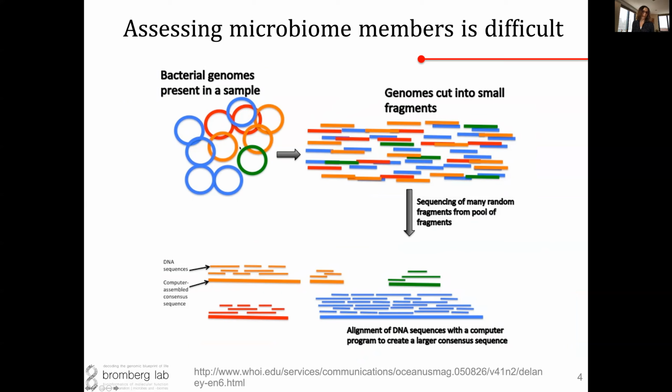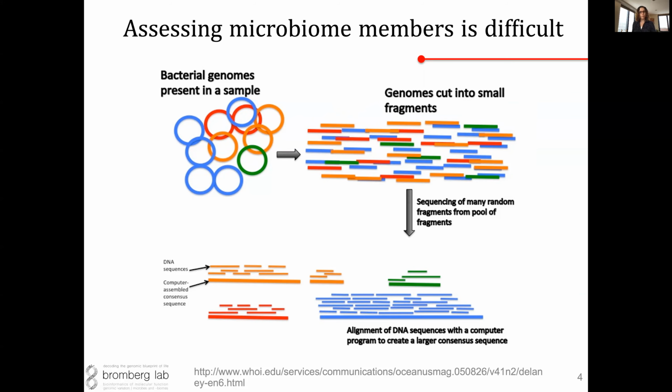But you don't know what these bacteria are, nor do you have a way of separating one type of bacteria from another. So what happens is you cut these into really small fragments, and then you try to sequence that, because that's how our sequencing works right now. But once you've sequenced it, you would then need to try to assemble it in order to figure out who is there.